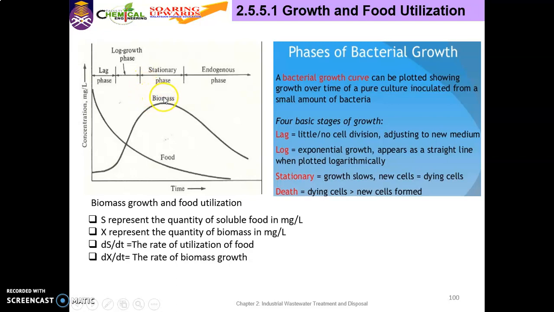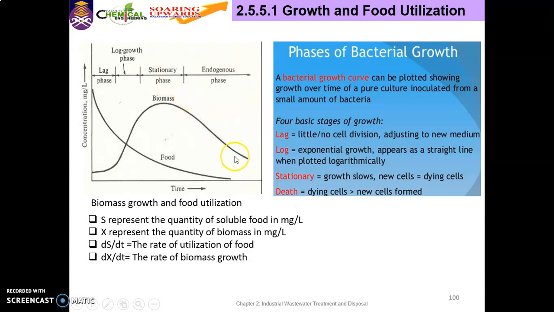Phase number 3 is the stationary phase. This is where the growth slows, so the new cells equal the dying cells. This is the peak of biomass growth. Lastly, the fourth phase is the endogenous phase.